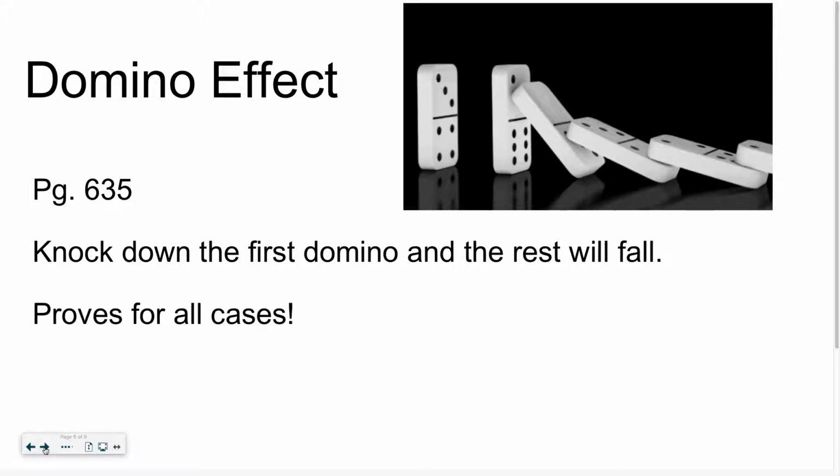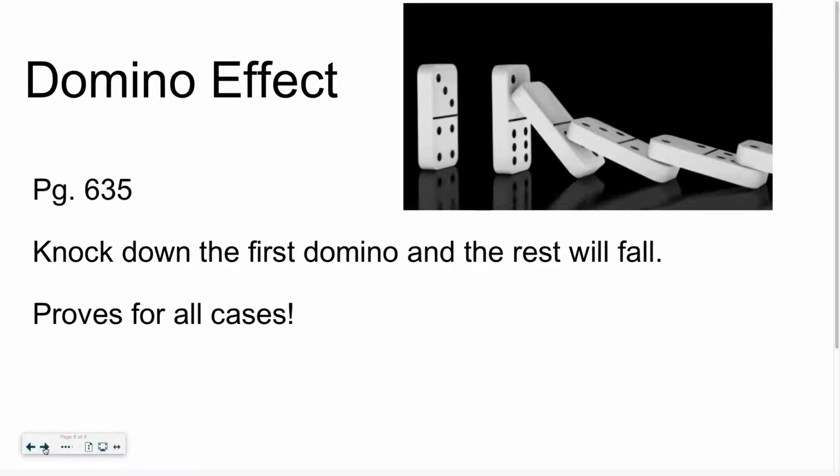So it could be the first and the second term, the second and the third term, the third and the fourth and the fifth, the 100th and the 101st term, the 1,000,000th and the 1,000,001 term. That those two terms, consecutive terms, the truth of the one before implies the truth of the one after.